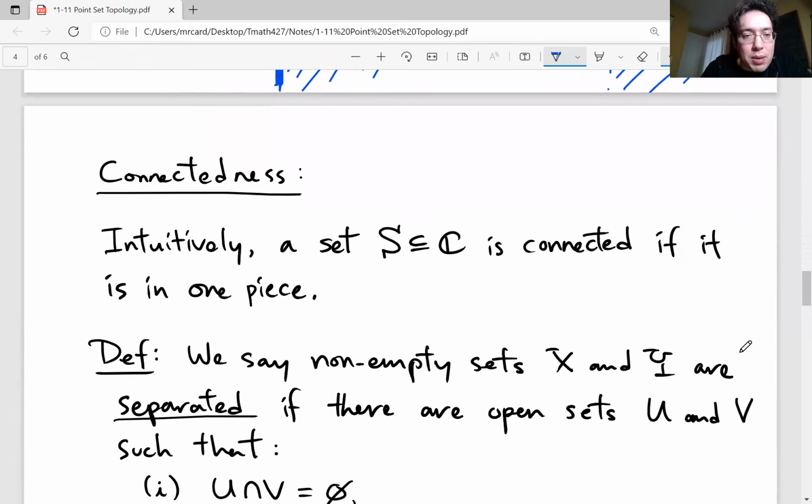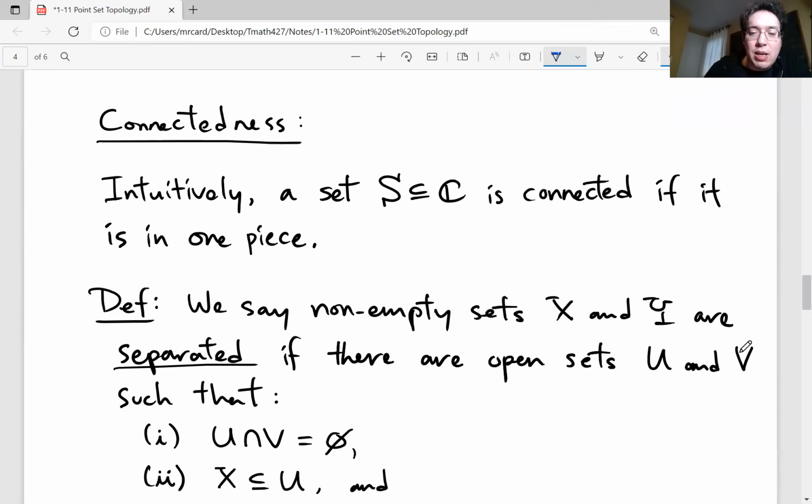All right, I want to talk about the idea of connectedness. This is actually much more complicated than how it might first seem. It turns out that it's easier to describe something that's separated than connected. So let's define that first.